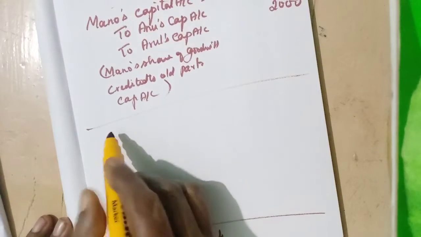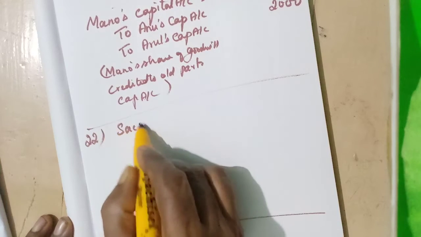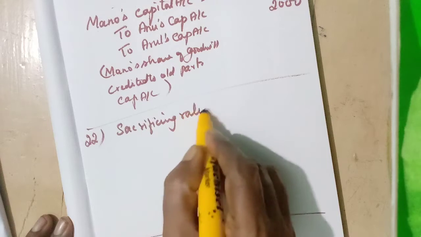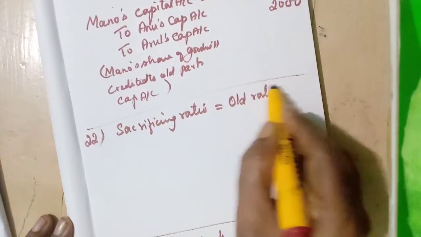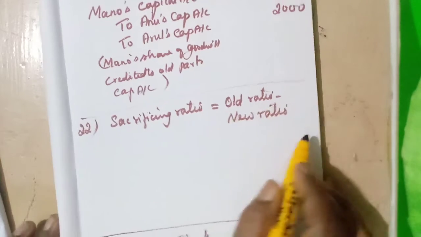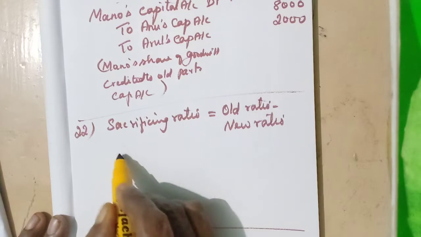First we need to prepare the sacrificing ratio, old ratio minus new ratio. What is the first partner? Varun.